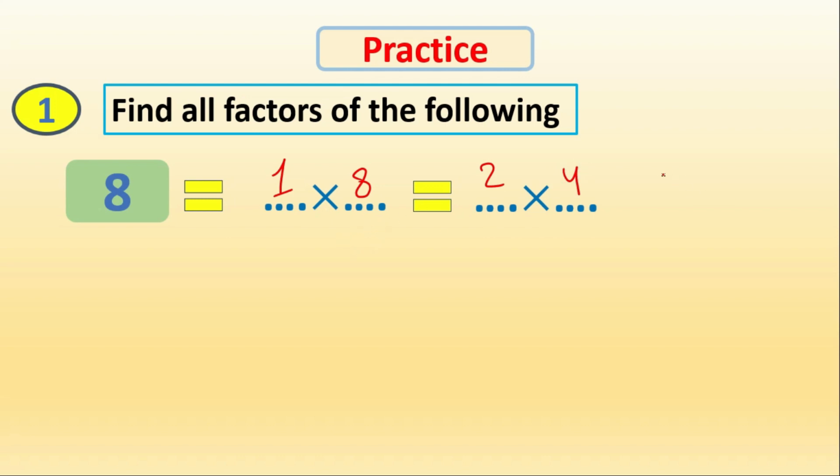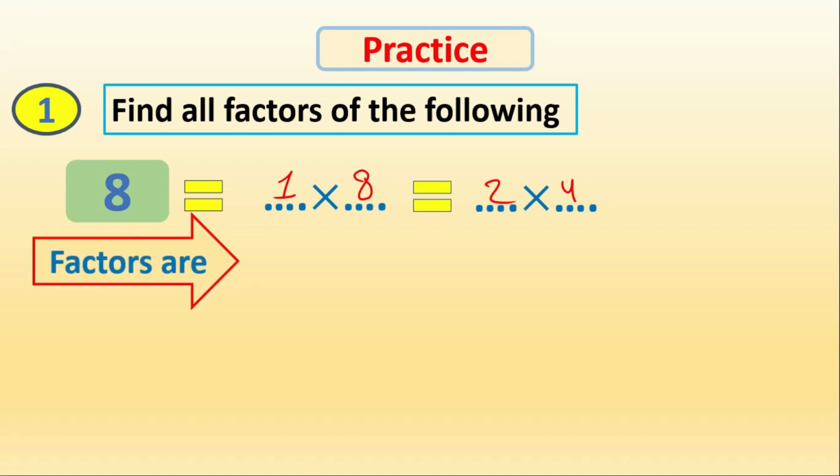Ask yourself, 3 times any number gets 8? No. 4, we already have 4 times 2, so cancel 4, 5 and so on. No, we don't have any other factors of number 8. So now write the factors. Factors are 1, 2, 4 and 8.